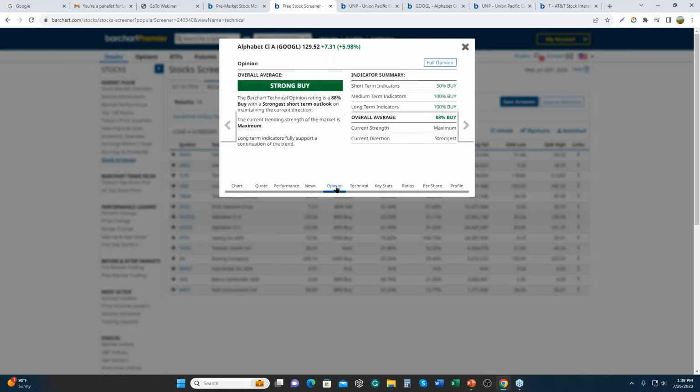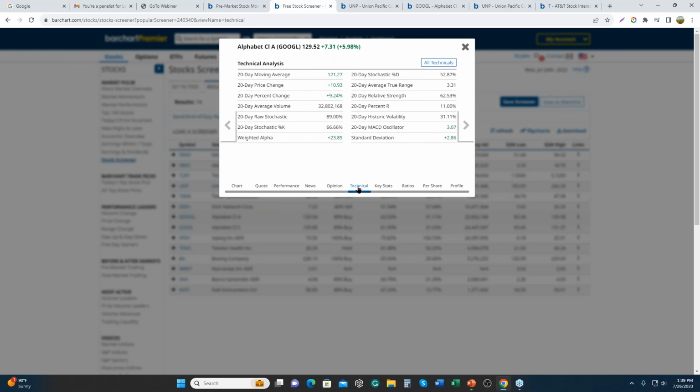So let's look at Google. Again, what's our opinion? Short term, maybe a little weak, but longer term and medium term, certainly in an uptrend. Again, our technical analysis shows volume of 32 million. And what is our average true range? $3.31.